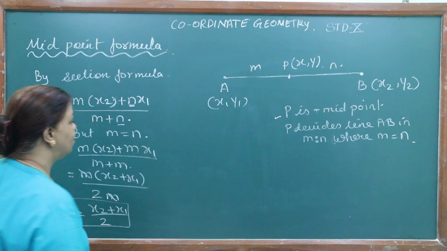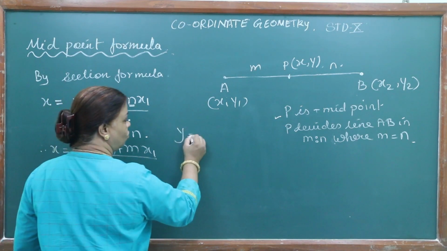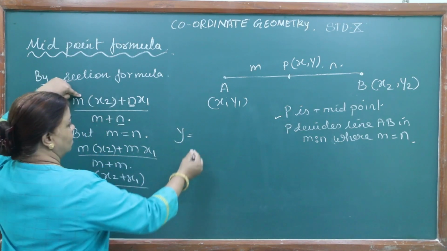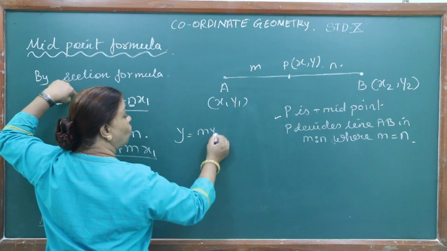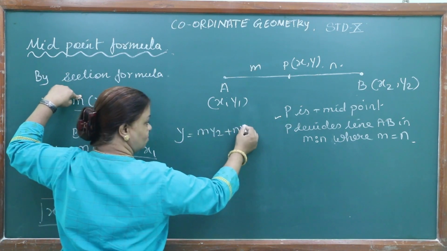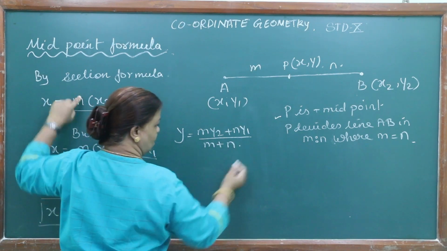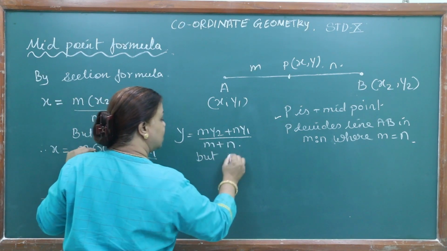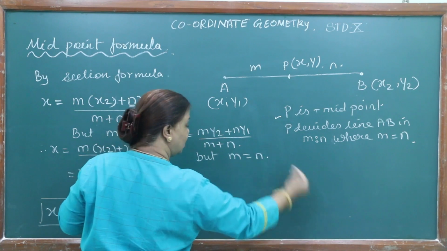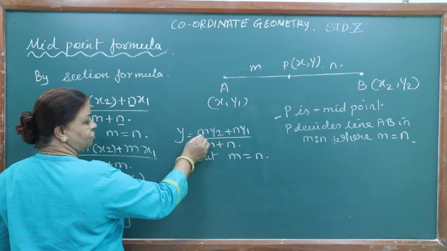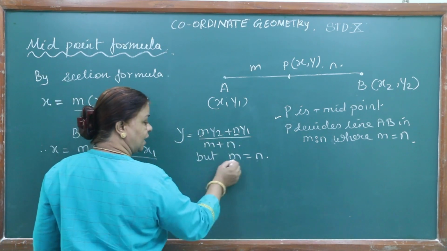Now how to find y coordinate? Again by section formula. y will be my2 plus ny1 upon m plus n. But m is equal to n given. So in place of n I can write m.